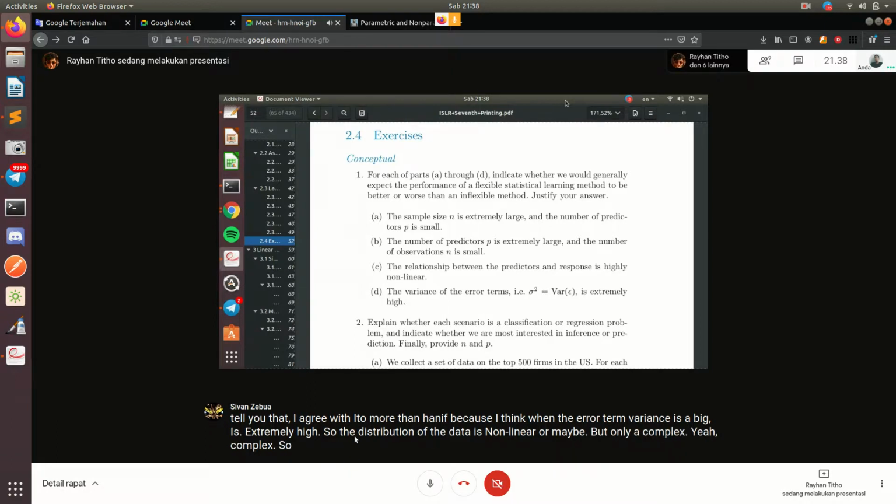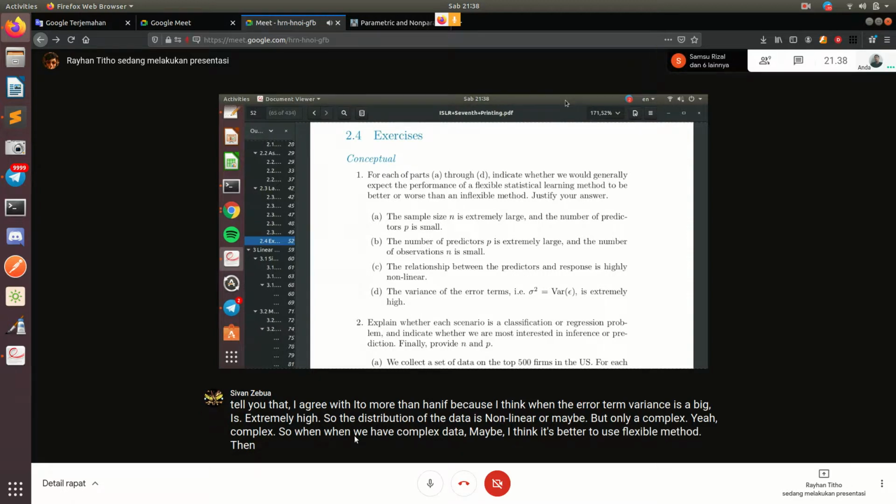So when we have complex data, I think it's better to use a flexible method than an inflexible method.